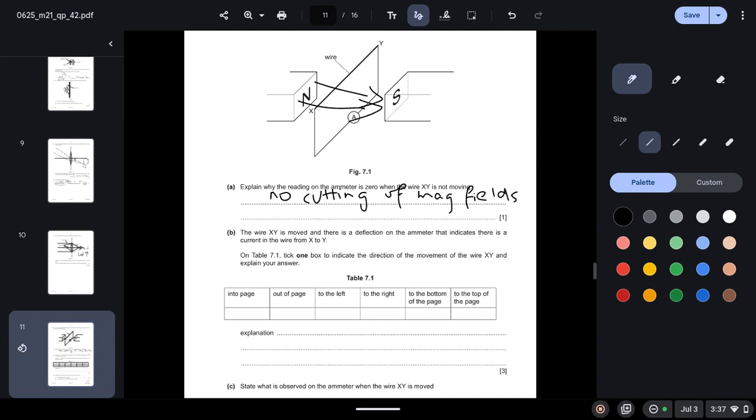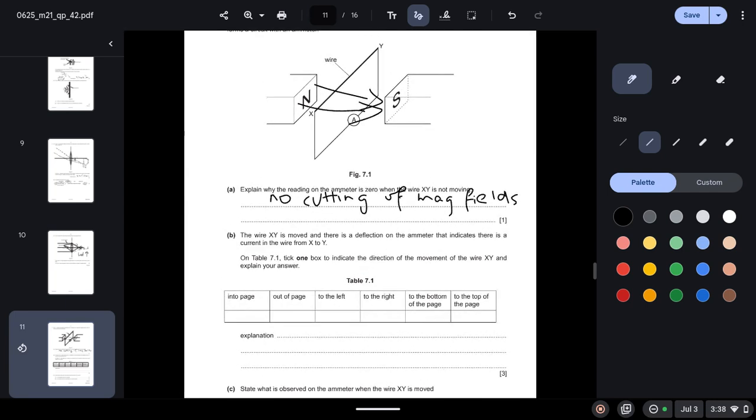The flow of the current is perpendicular to the magnetic field line. So using our left hand rule, we can see that your thumb will indicate the direction of motion and it will be pointed upwards, which means the top of the page.